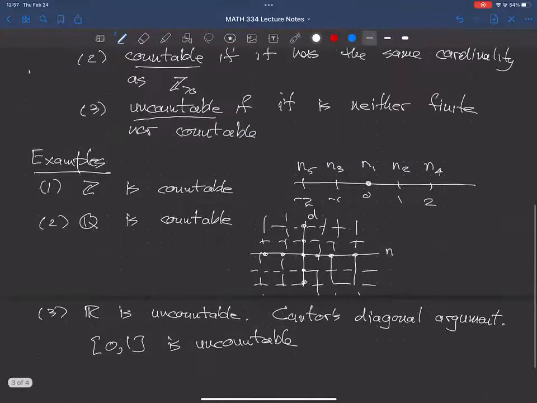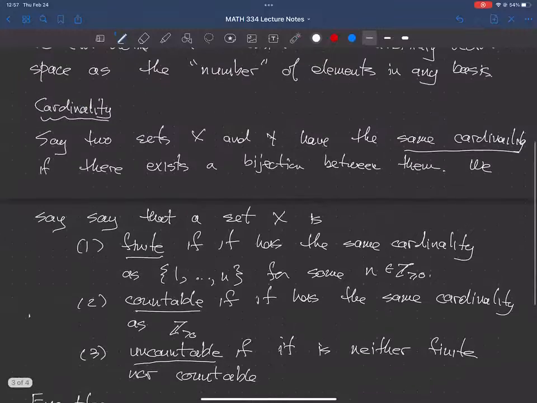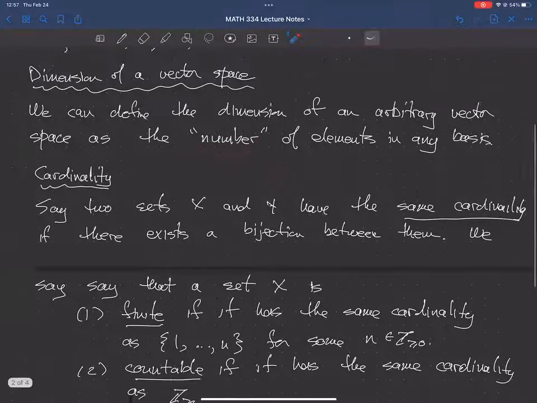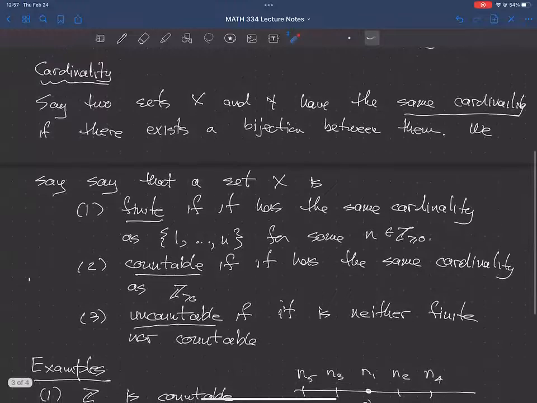And so that gives us a way of thinking about what the dimension of a vector space is by talking about the cardinality of its basis. Okay, and so a finite dimensional vector space will have a finite basis.